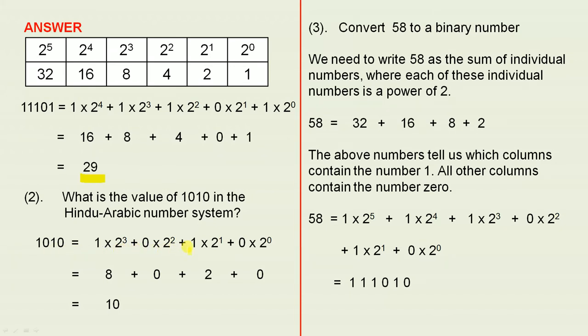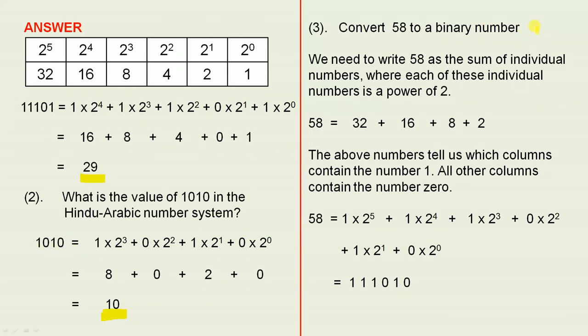This 1 is 1 times 2 to the power of 1. And that 0 is 0 times 2 to the 0. So that gives us 8. That's a 0. That's a 2. And that's a 0. So we add all those up and we get 10. So this 10, which is the Hindu-Arabic number, is the number in the binary system.